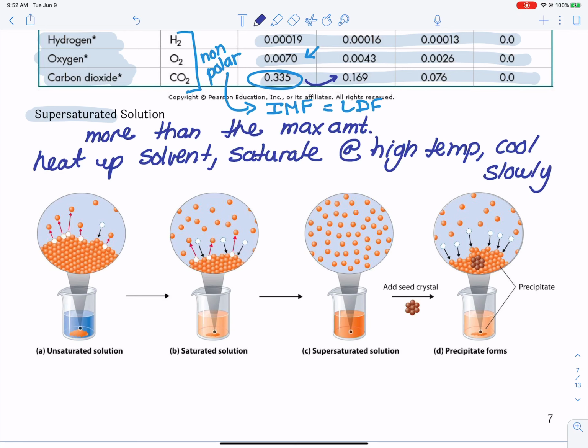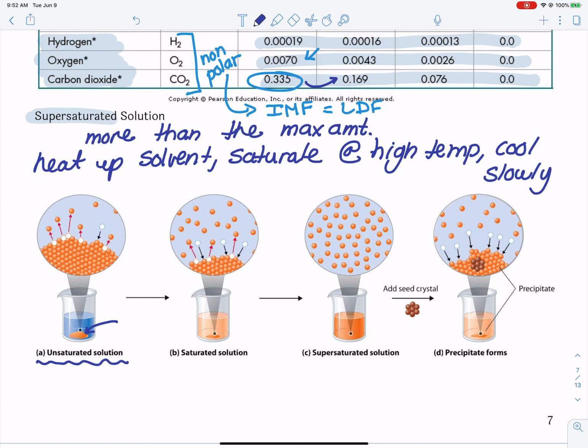So you can see, if I go through these four, here's an unsaturated solution, right? You can see the orange solid down there, and look at the arrows. Most of the arrows are pointing up, which means they're dissolving. There's always going to be a process where particles are undissolving or recrystallizing.